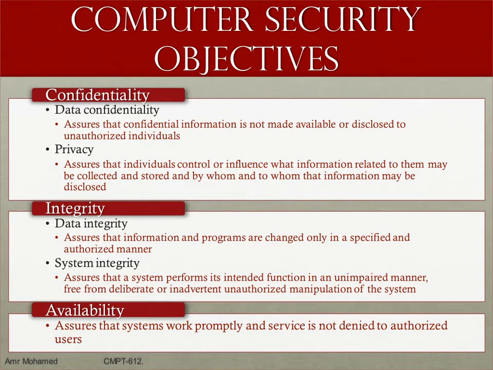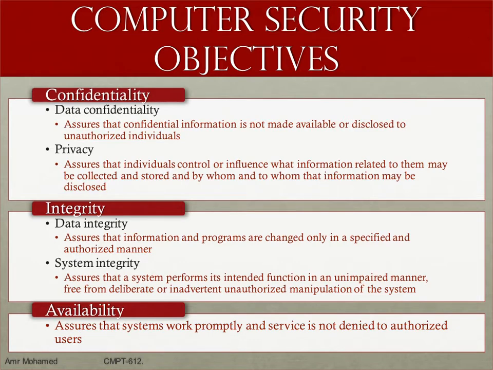So, in detail, confidentiality here focuses on data confidentiality in general, and by data here I mean any type of data. It could be a video, audio, text, anything. Privacy focuses on the identity of individuals.